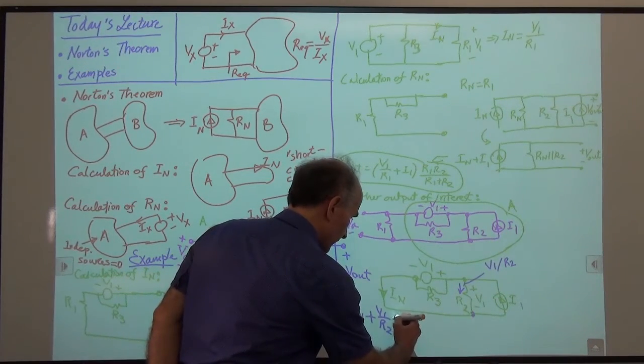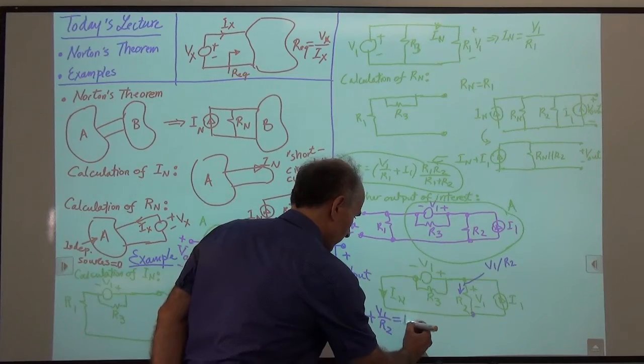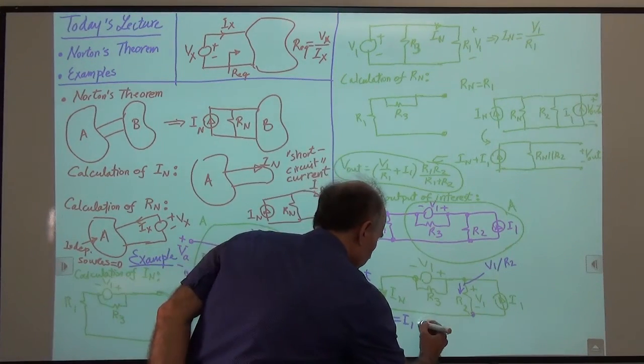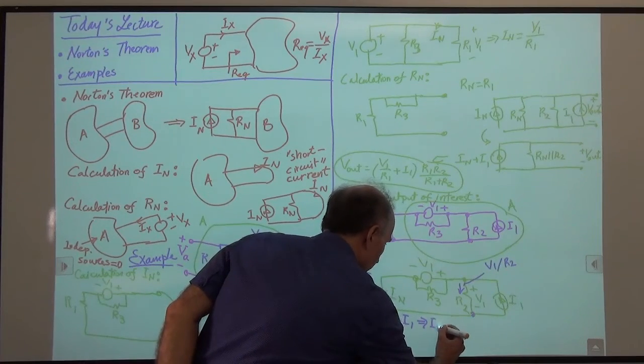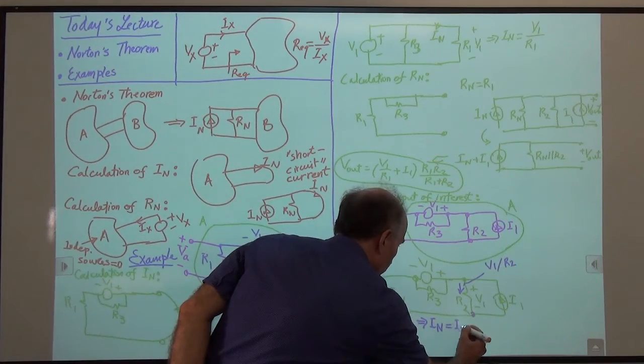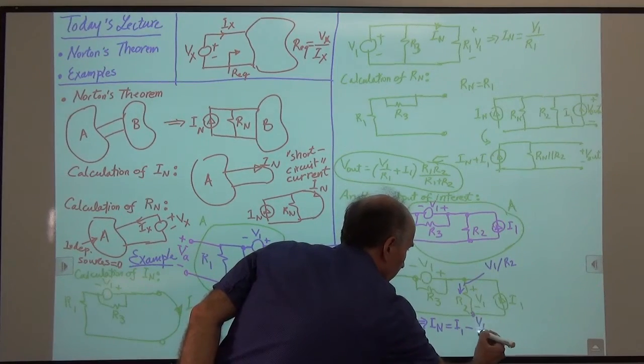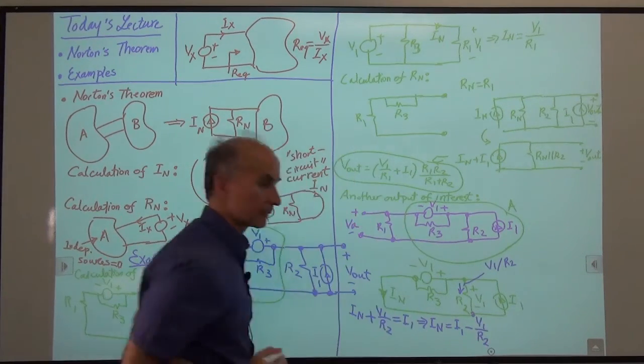So that tells us the current that we are looking for. We're looking for I sub n, right? So the Norton current is given by I1 minus V1 over R2.